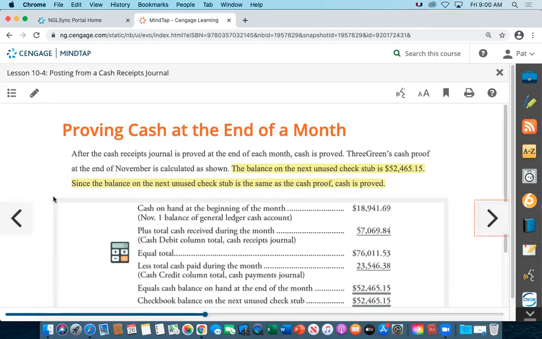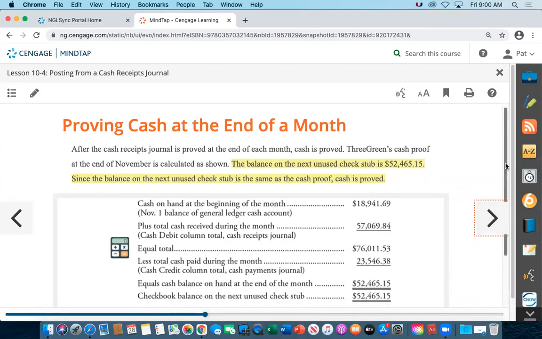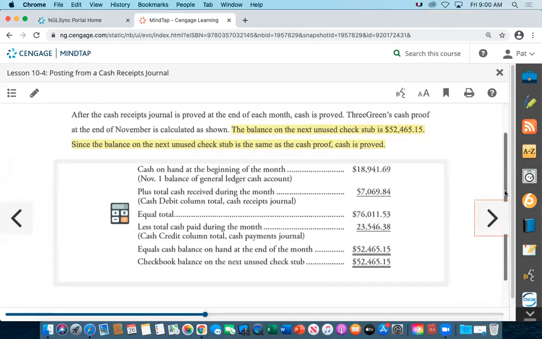Proving cash section is somewhat new, but it's necessary, and it should hopefully make sense for you. So what are we talking about? Real briefly, what they're saying is, once we get done and the cash receipts journal is proved, we need to prove cash. Well, how do you prove cash?